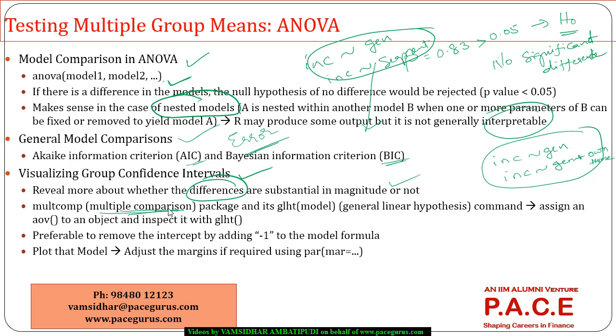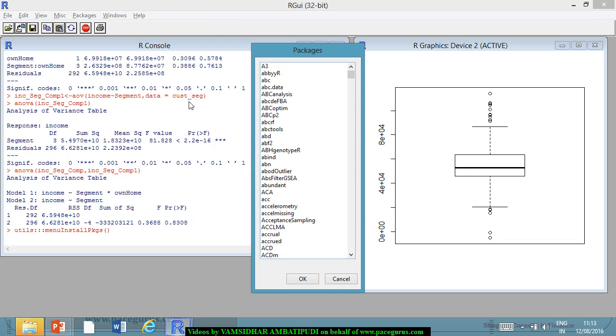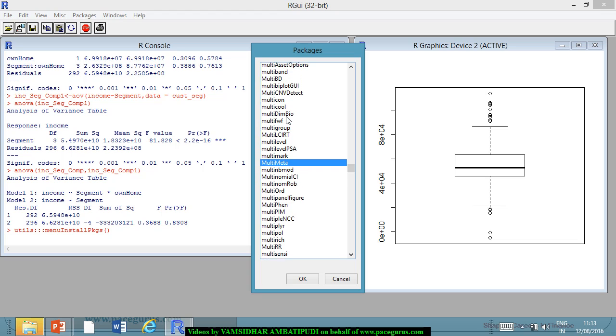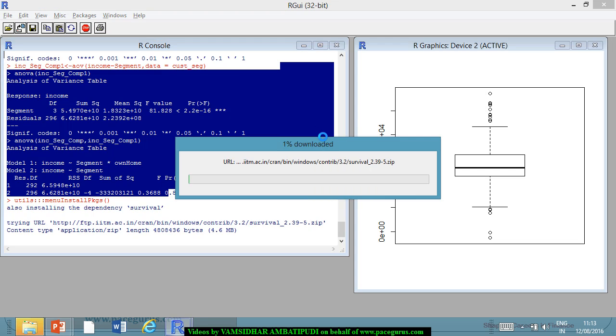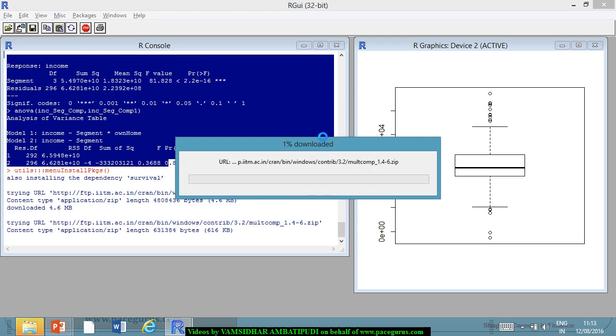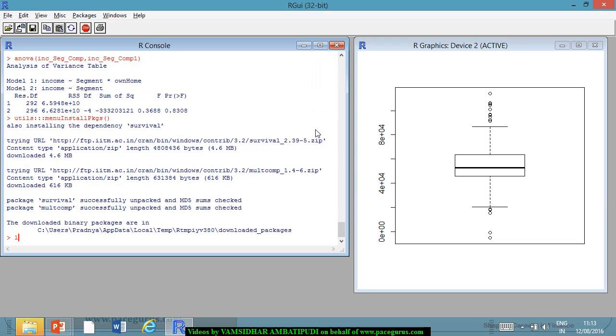So let's install this multcomp package, which will do a multiple comparison. So let me load the multcomp package.